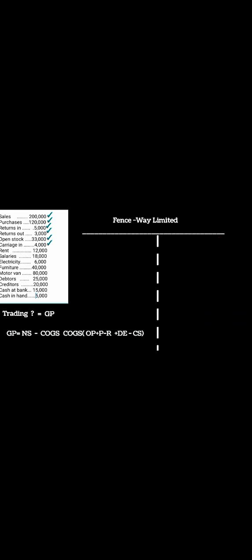These are the items that we will use to compute the trading accounts. So when you know the formula of net sales and formula of calculating cost of goods sold, then the items have already been classified into trading accounts. So we begin to post them.